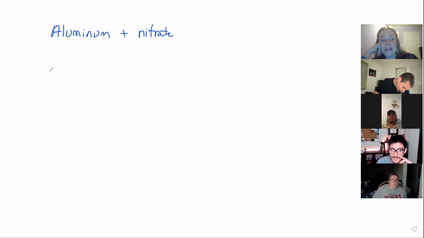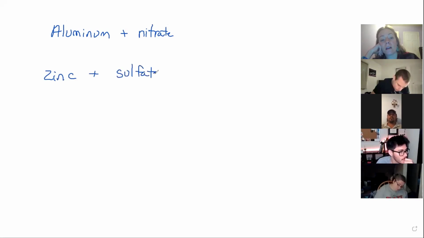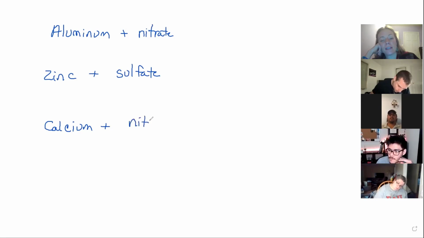Let's combine zinc and sulfate. Let's combine calcium and nitrite.